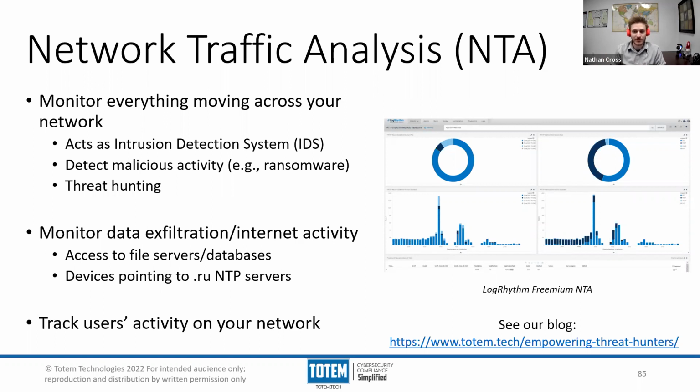Some other uses for network traffic analysis. It allows us to see when perhaps data is being exfiltrated or moved or extracted across our network and where it's being moved to. If I notice that my printer is attempting to send large data files off the network or to another machine on my network, this is probably an indication of a problem and I would need to investigate.